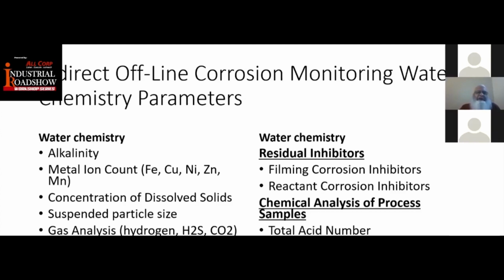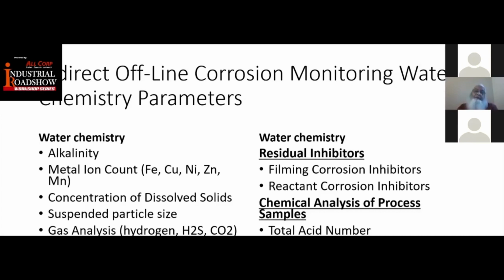Gas analysis for hydrogen, H2S, CO2, residual oxygen, halogens, halides, and redox potential. Microbiological analysis like sulfide or sulfate ions, iron analysis, or iron-based bacteria, SRBs, anaerobes, and aerobes. Water chemistry also covers residual inhibitors, filming corrosion inhibitors, and reactant corrosion inhibitors, right?